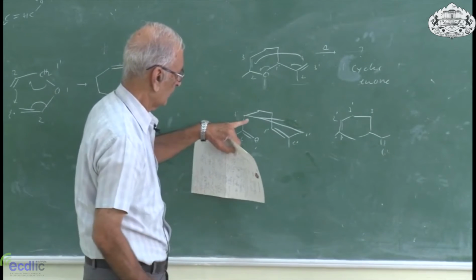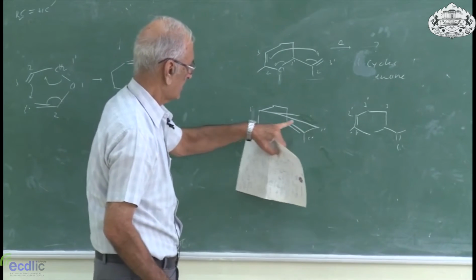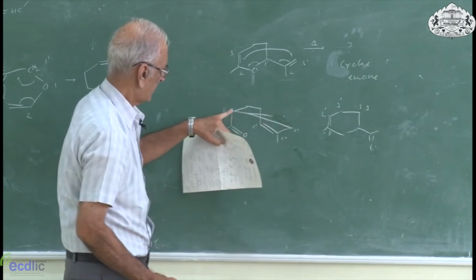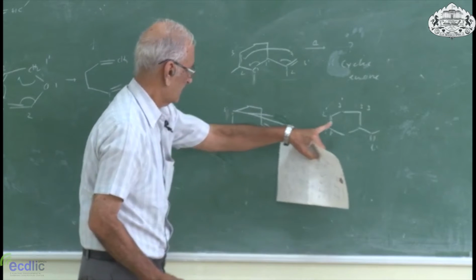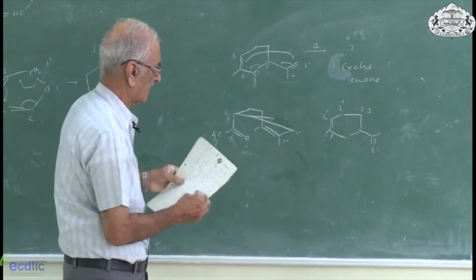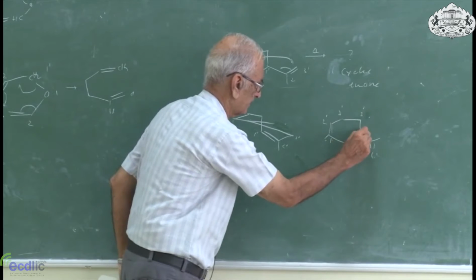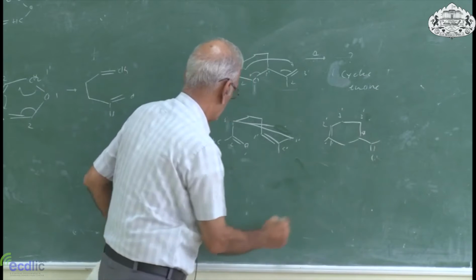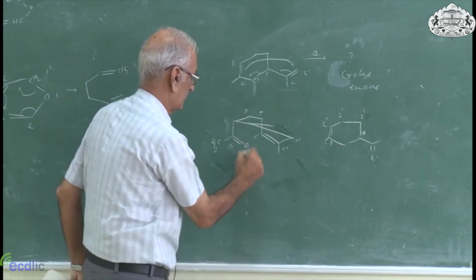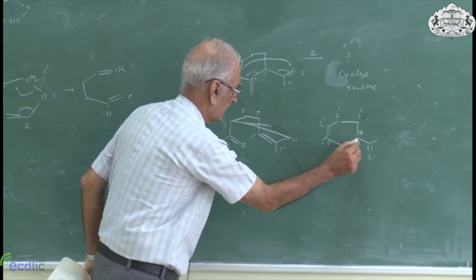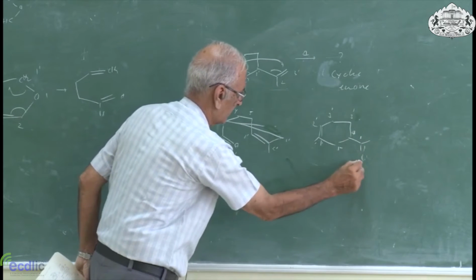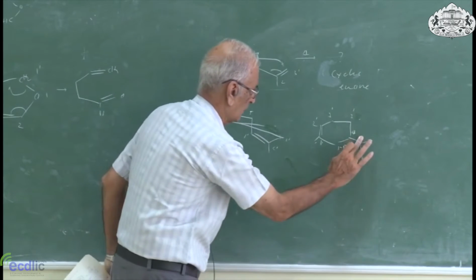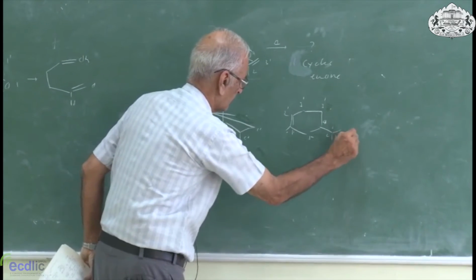So 3 dashed has joined to 3. 3 is joined to COCH3. 3 dashed, 4, 5, 1 dashed, and this is 1 dashed. 1, 2, and that's your methyl.